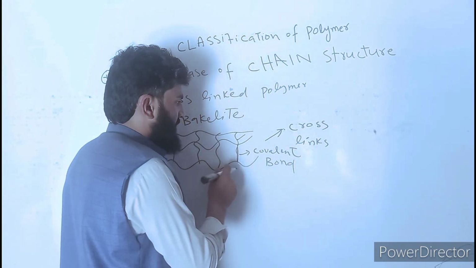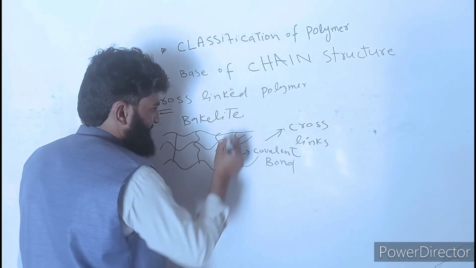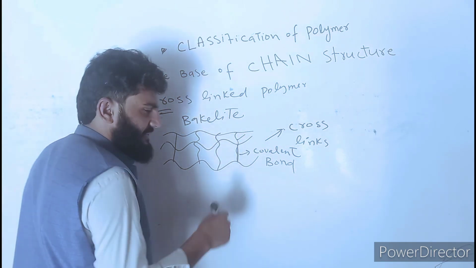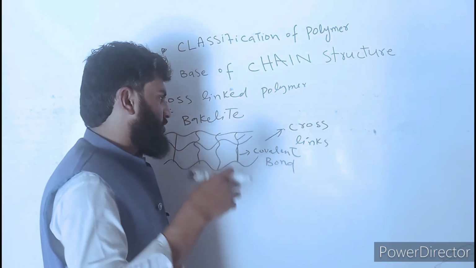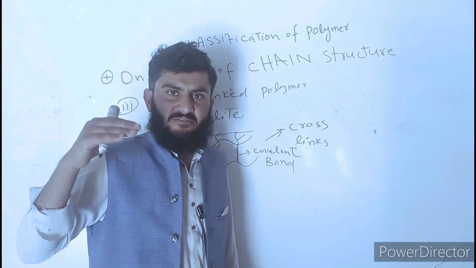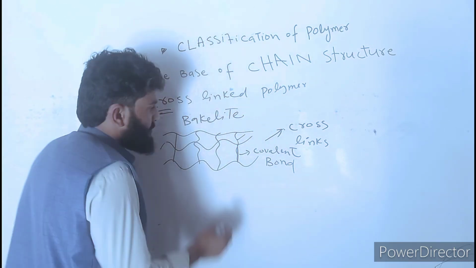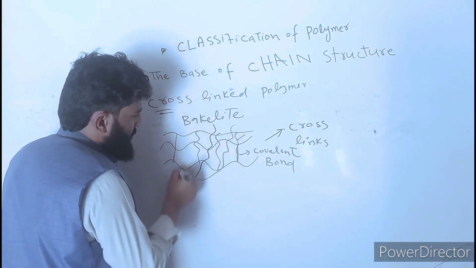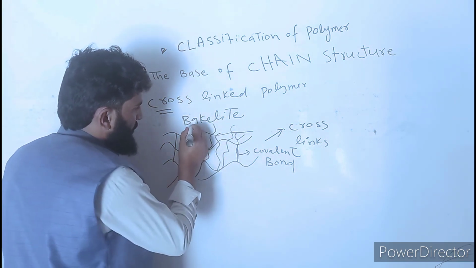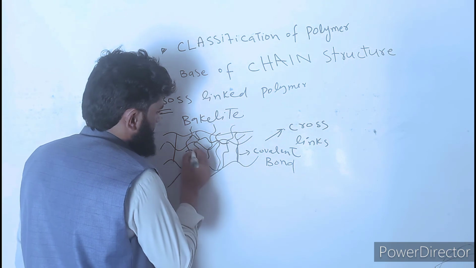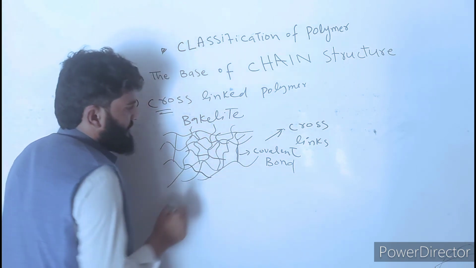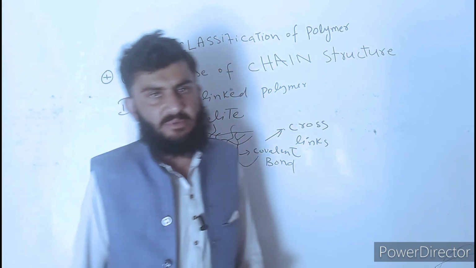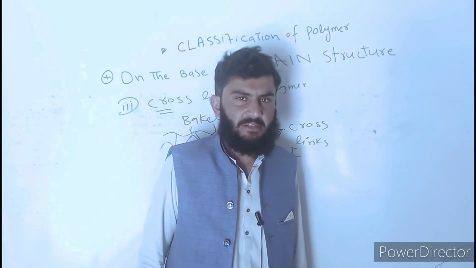So for interpenetrating we can write it as interpenetrating. Inter means inside, penetrating means to pass through the body. Clear. So if we write another chain which goes inside the former chain, such a type of polymer is known as interpenetrating.